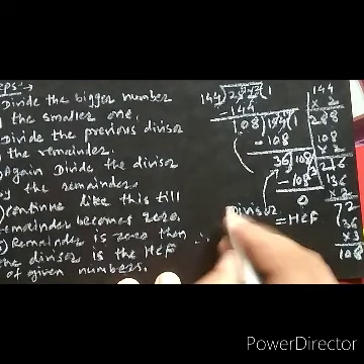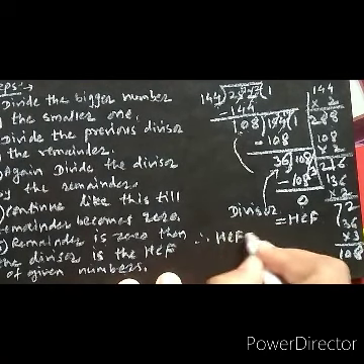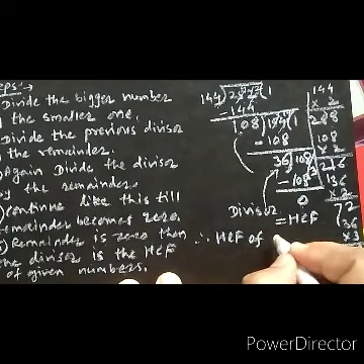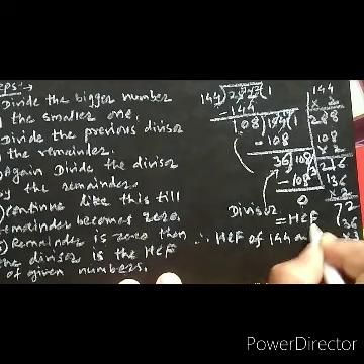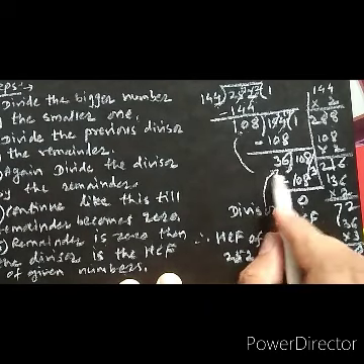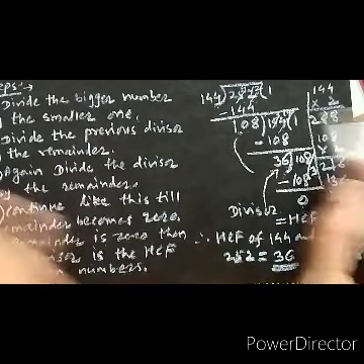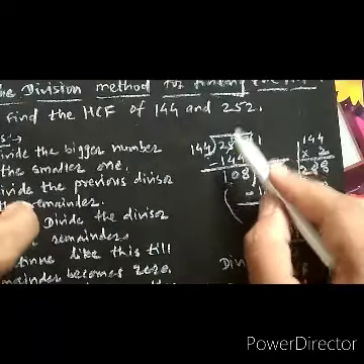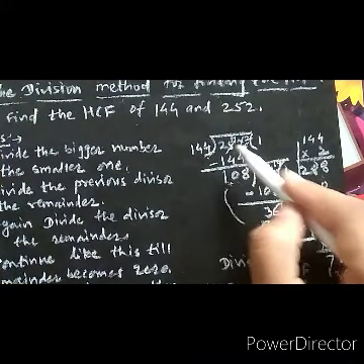Therefore we can say that the HCF of 144 and 252 is 36.